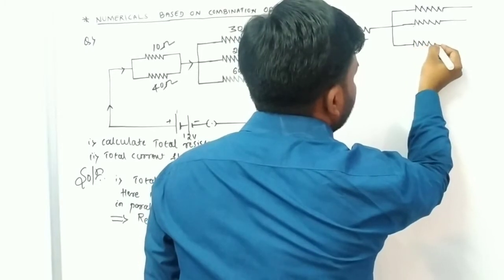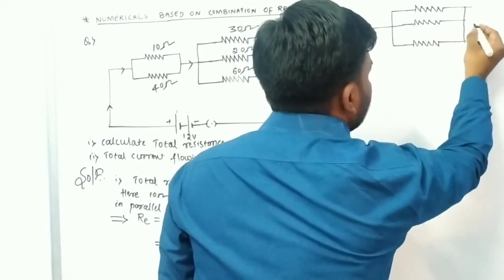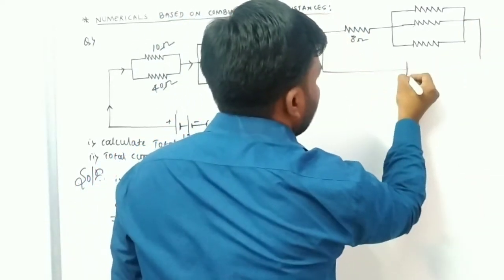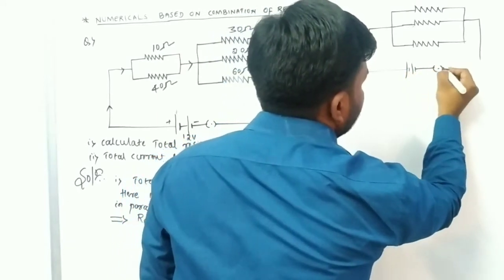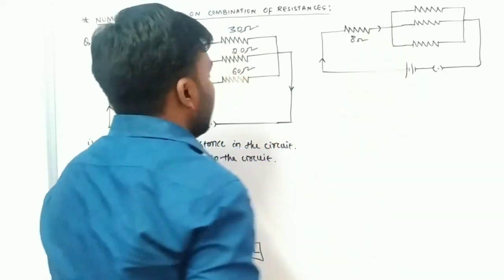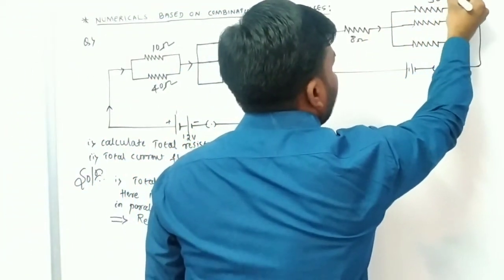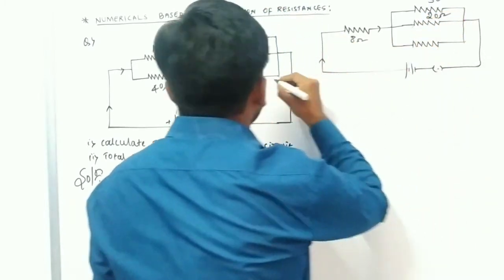So here we need to keep it as it is. Now you just see here. This is 30. This is 20. And this is 60.